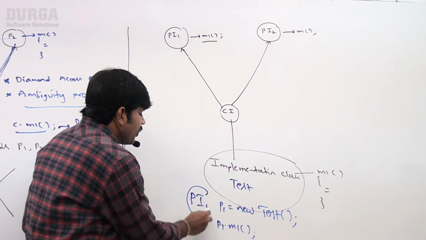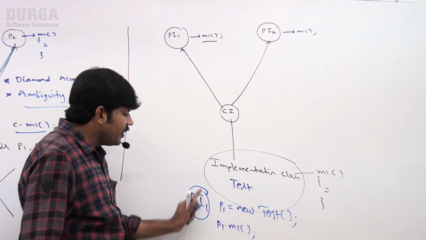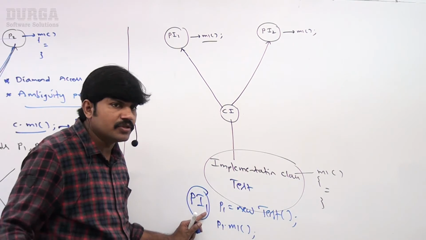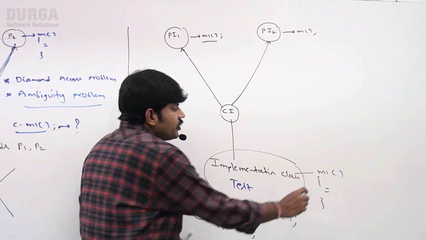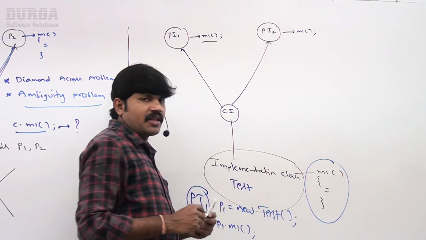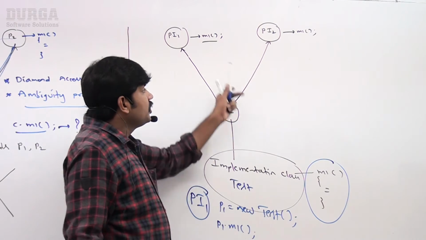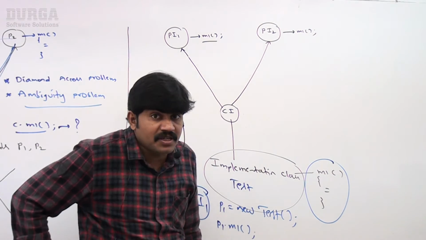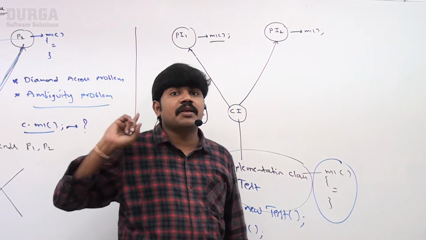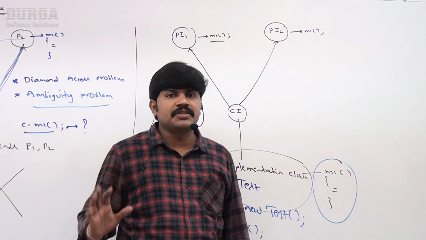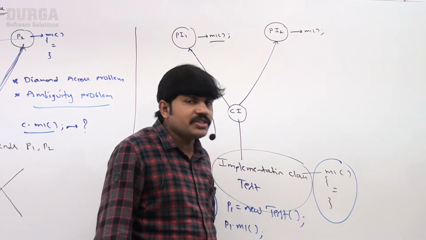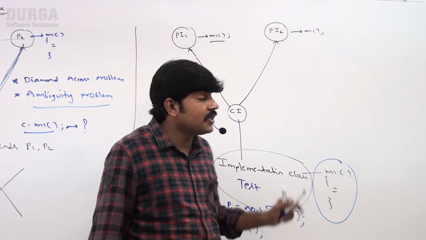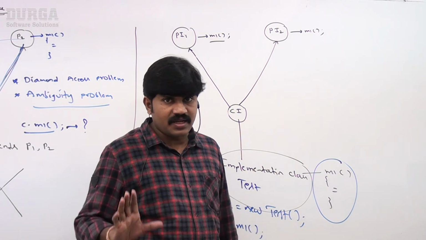Whether we use a Parent1, Parent2 or child interface reference, any reference you can use, but always only this method will come. Even though multiple method declarations are available, the implementation is always only one, a unique implementation. That's why there is no chance of an ambiguity problem in the case of interfaces. Clear for all of you, right?